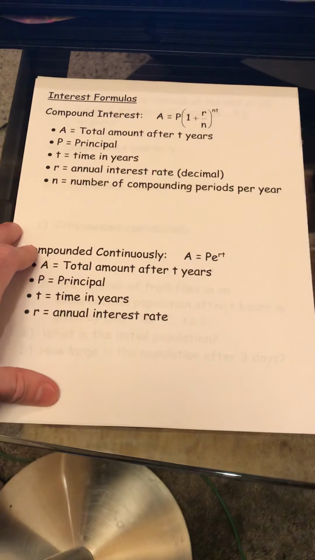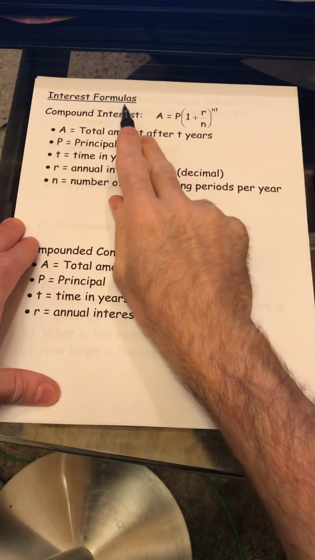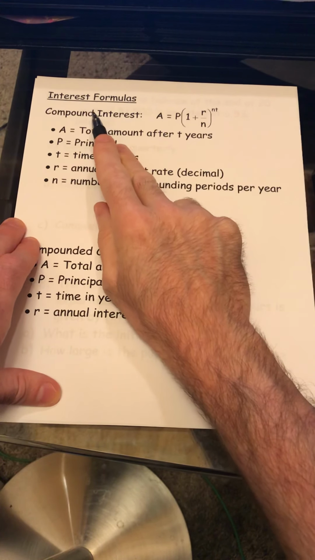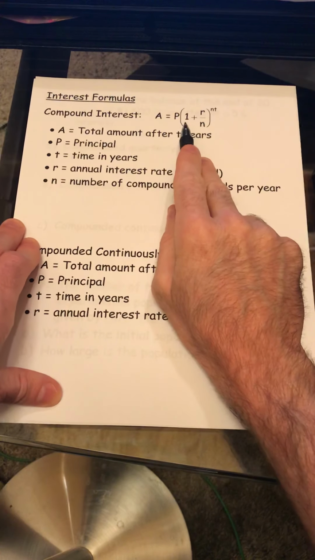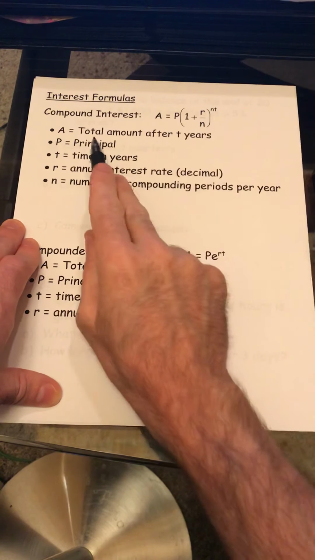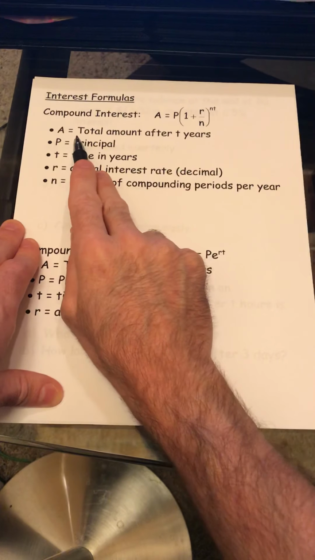As I was saying, where e has its derivation is with interest. Well, there are two interest formulas. One of them is the compound interest formula, A equals P times 1 plus r over n to the nt power. A equals total amount after t years, or the final amount.